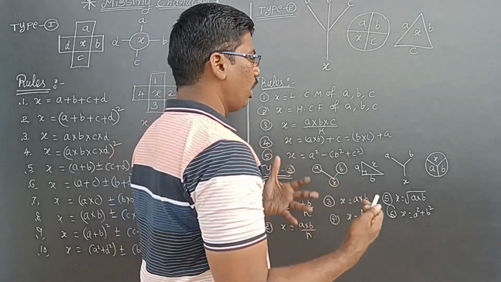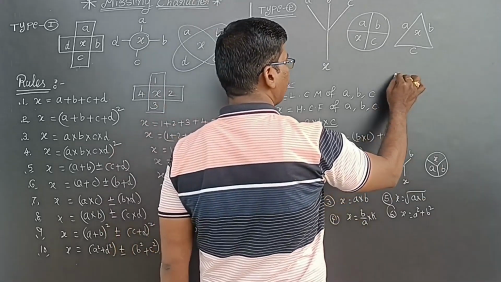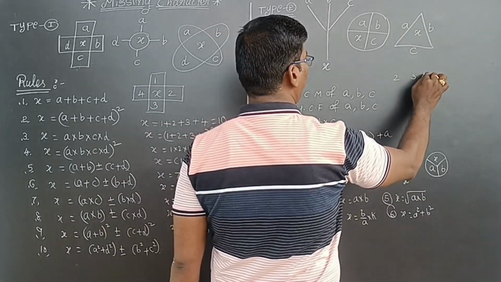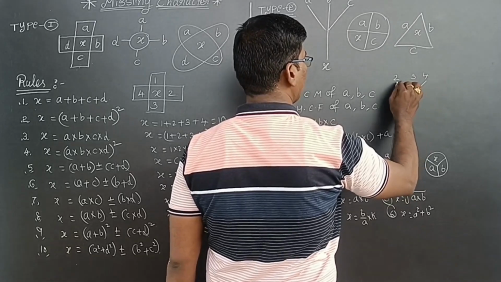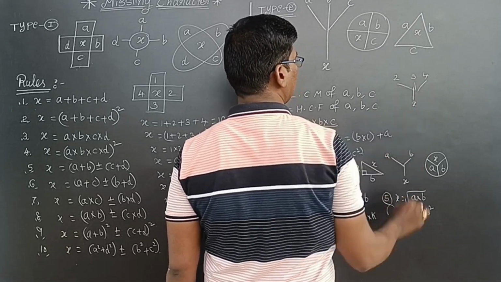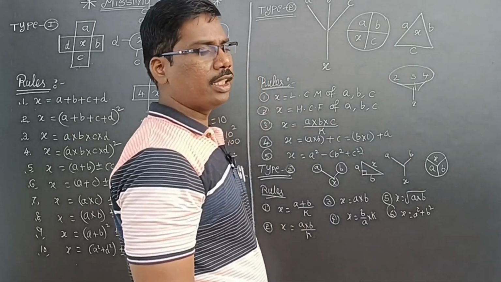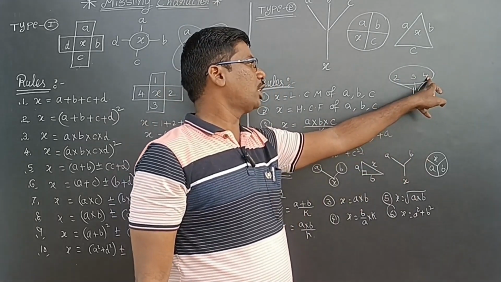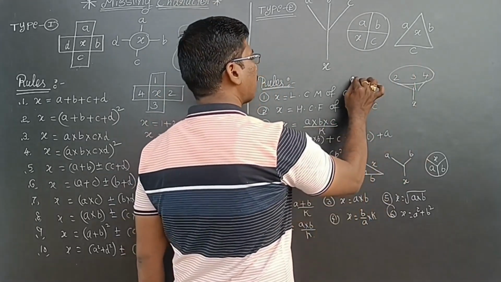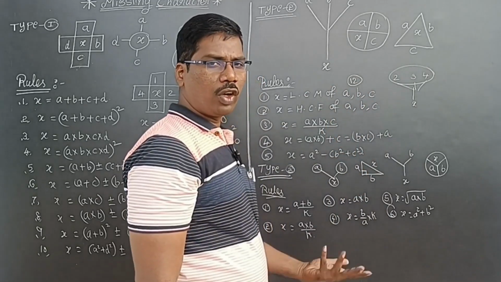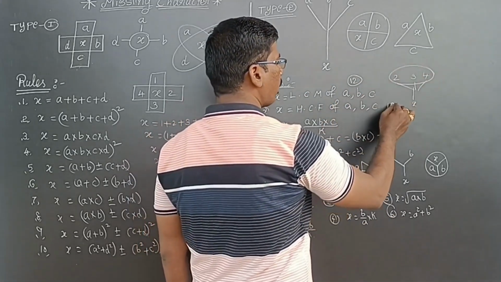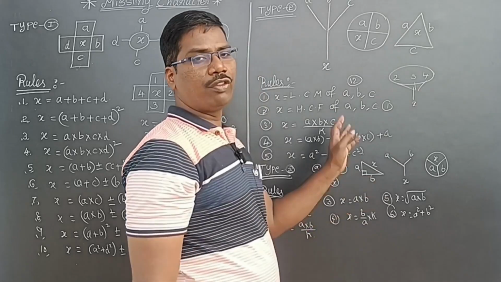Okay. So we'll take an example. 2, 3, 4, x. Now what is the LCM of these three numbers? 4 2s are 8, 4 3s are 12. So 12 is the LCM, means x value is 12. If 12 is not the answer, check the HCF. So HCF is 1 because 1 divides every number.